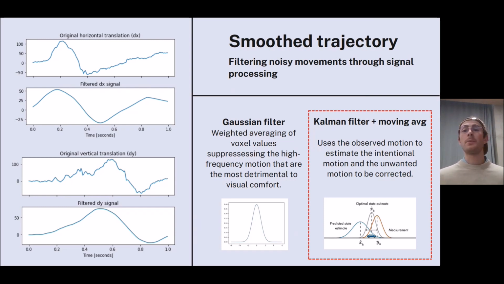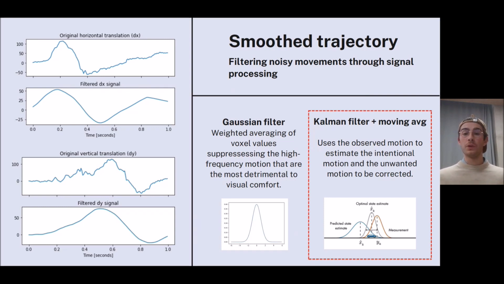Okay, so to continue, the other part of the motion video analysis and modeling step is how to smooth the camera trajectory. The camera trajectory is computed with the cumulative sum of the affine model components, which are the horizontal and vertical translation plus the rotation. And then once computed, it's just basic signal processing.